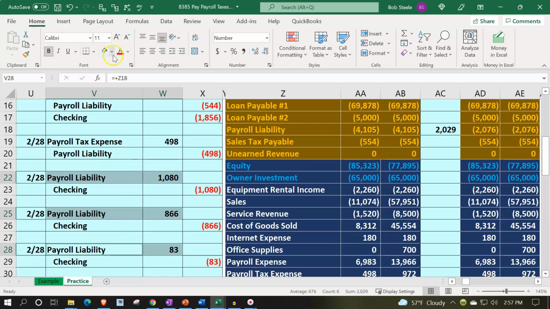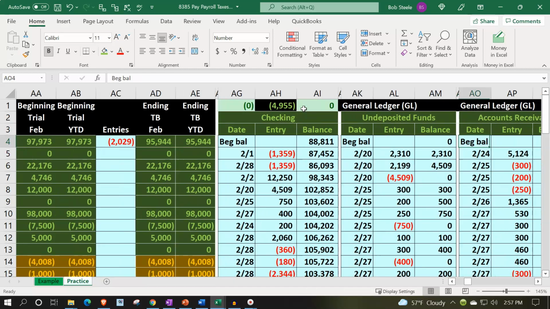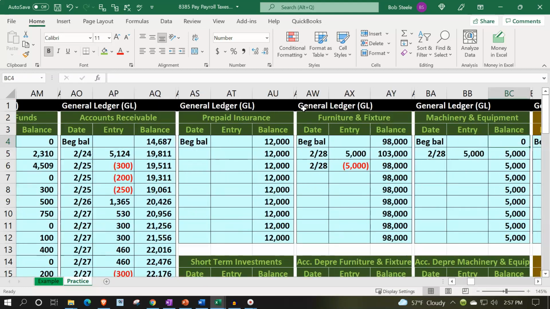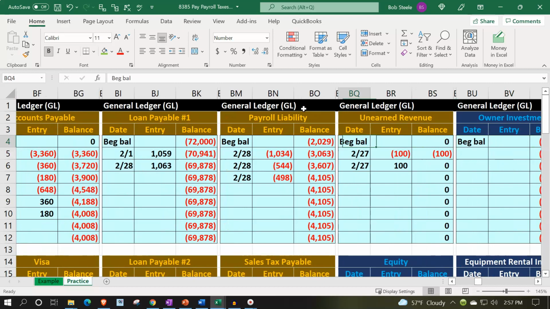We're going to do those three that are going to go into the payroll liability at the same time. Focus, people. We executed it last time, and so we're going to do it again. This is going to be equal once, the same, 228.